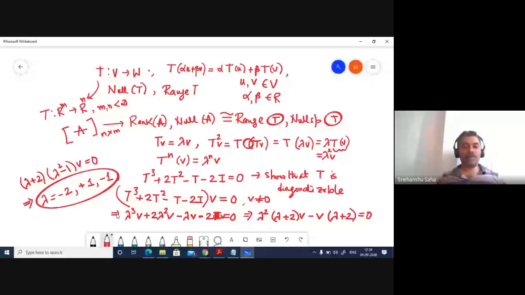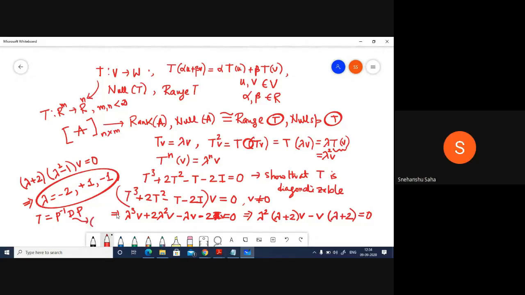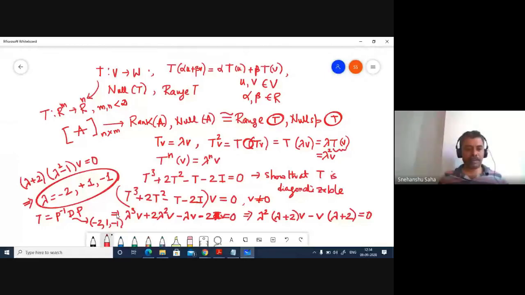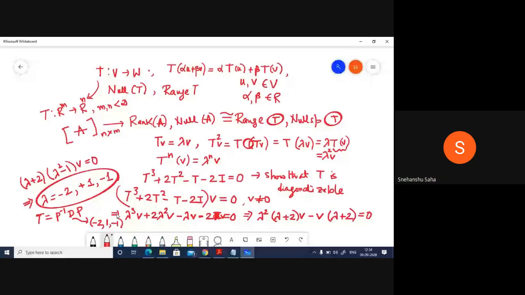So I should be able to express this transformation T in terms of another transformation T inverse times the diagonal matrix times T. The elements of this diagonal matrix are nothing but -2, 1, and -1. So here is a way to compute eigenvalues without actually going back and constructing the matrix again.